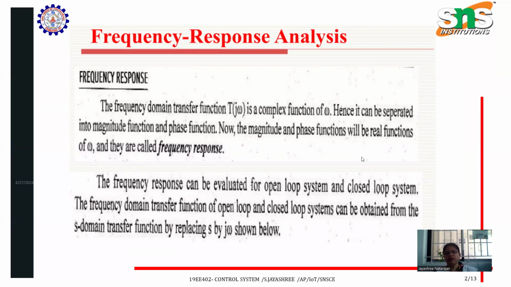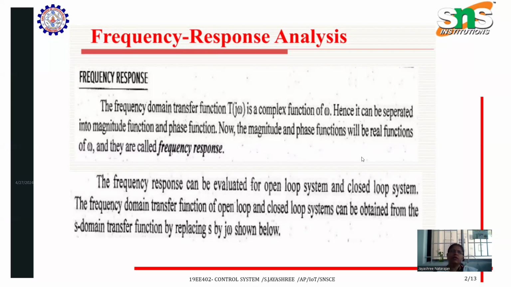It consists of a real part and an imaginary part, and it can be separated into a magnitude function and a phase function. If you convert rectangular form into polar form, we get magnitude and phase angle. The magnitude and phase functions are real functions of omega, and they are called the frequency response.